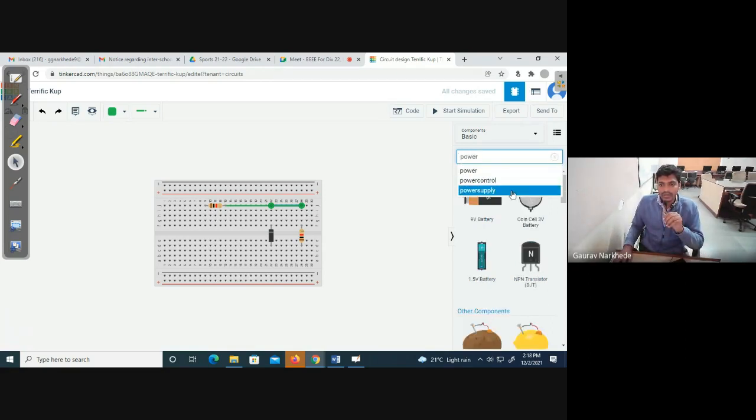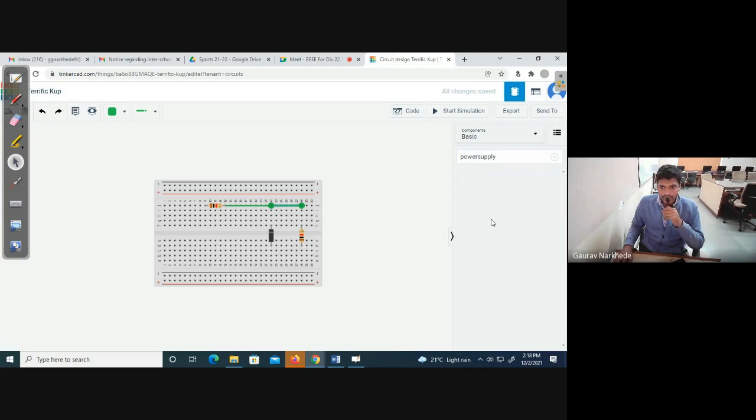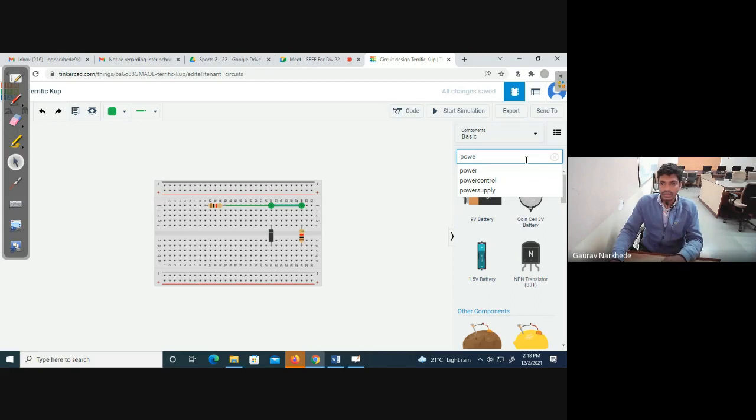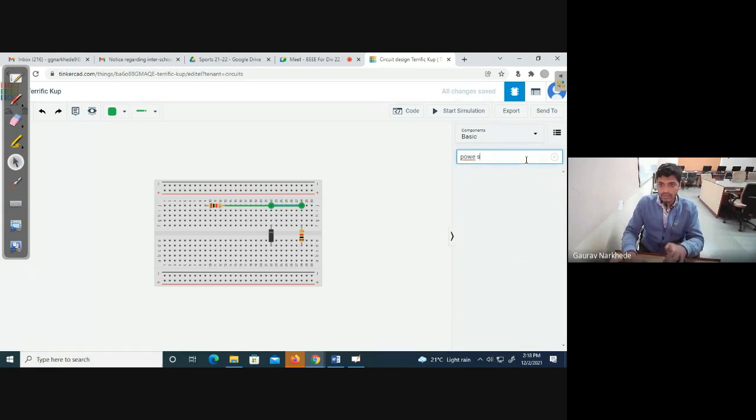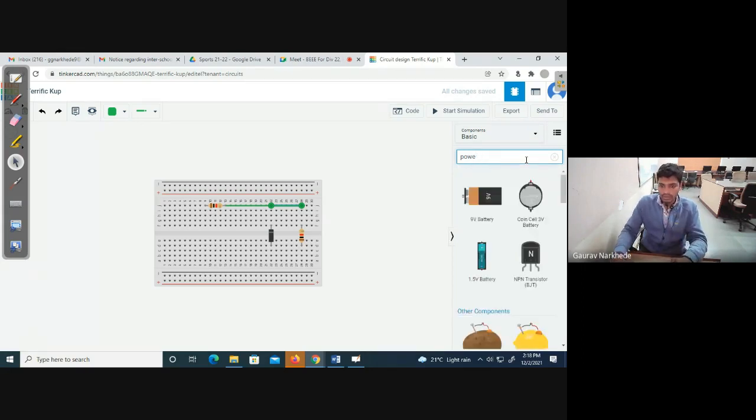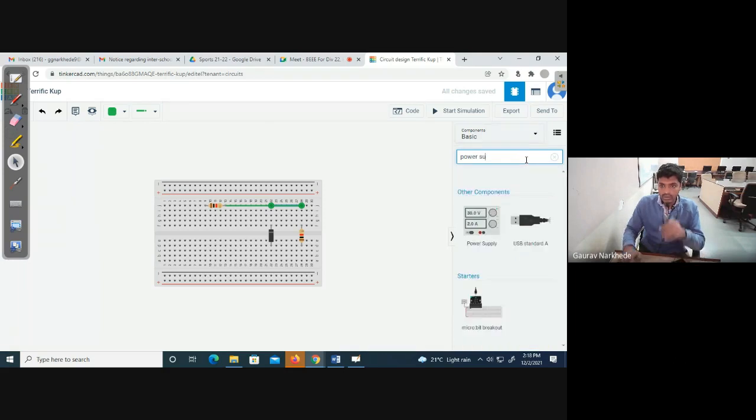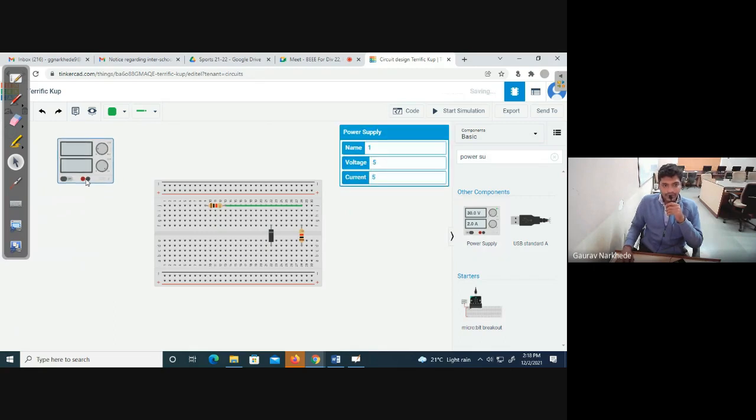I'm not getting the power supply. So this is the power supply which I am giving. Okay. Now see here.